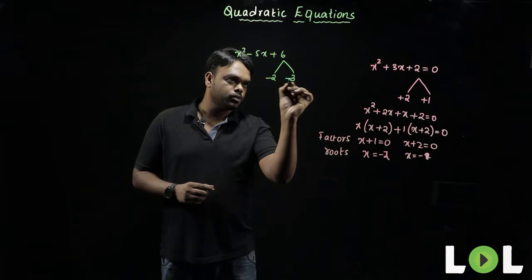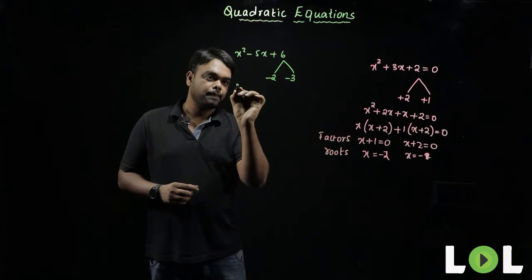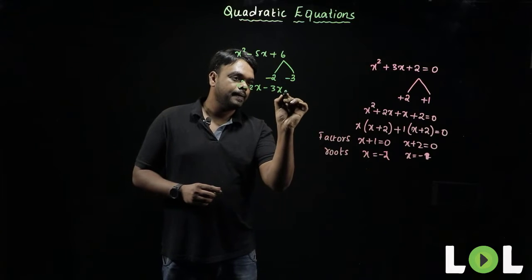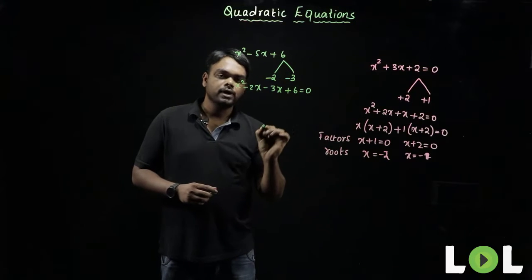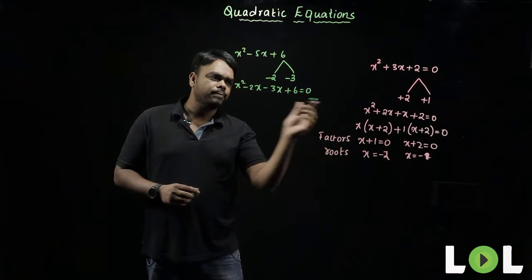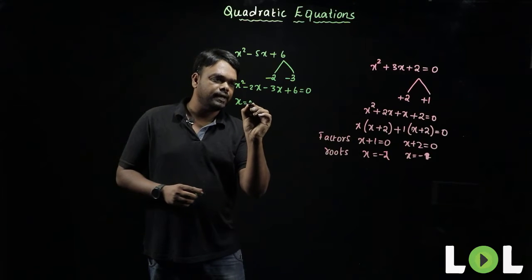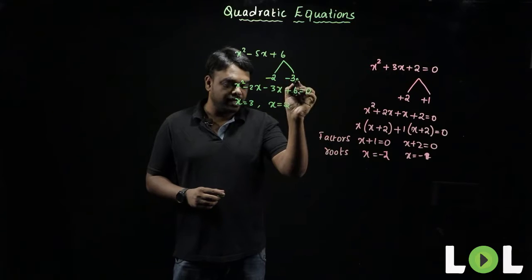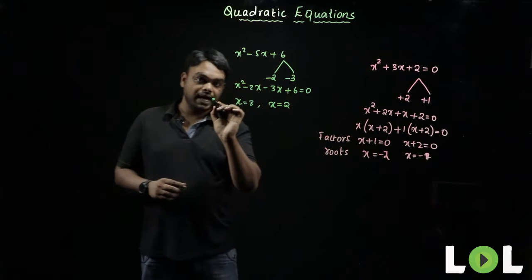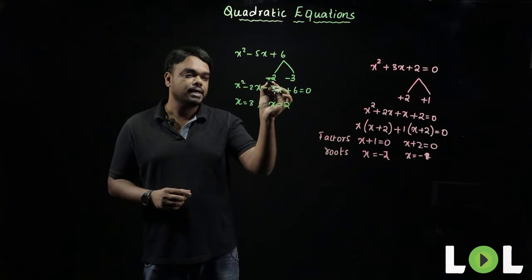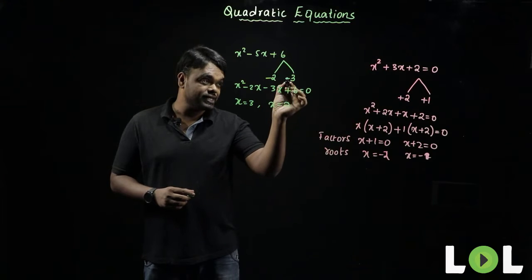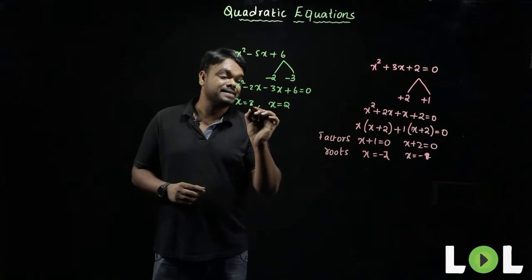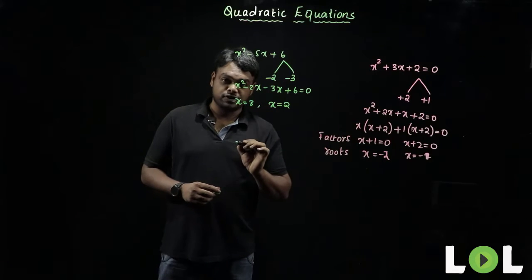So I'll put minus 2 minus 3. x square minus 2x minus 3x plus 6 equal to 0. If you write it in the same order, you will get x equal to 3 and x equal to 2. From here itself, we can actually write it eliminating this part. I told you, if this is minus, this has to be plus. So this time roots are plus 3 and plus 2.